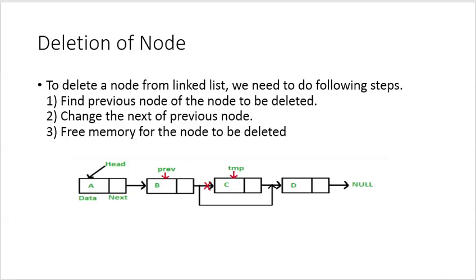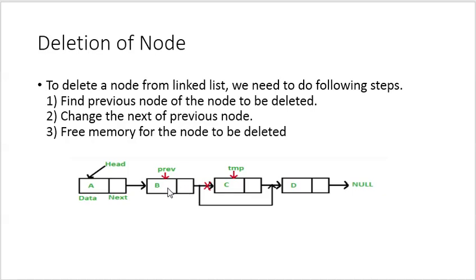To delete a node from a linked list, we need to do the following steps. Find the previous node of the node to be deleted. For example, here the C node is deleted. So for this we have to find the previous node which is pointing to the node which we want to delete, and change the next of the previous node.